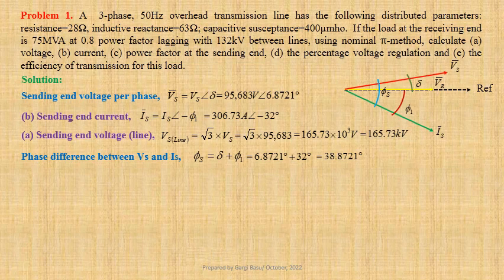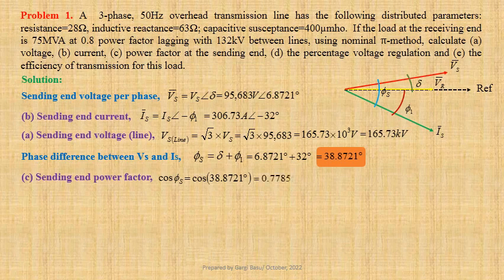Let us now calculate sending end power factor. Cos phi s equals to cos of 38.8721 degree, that gives us 0.77855 lagging.